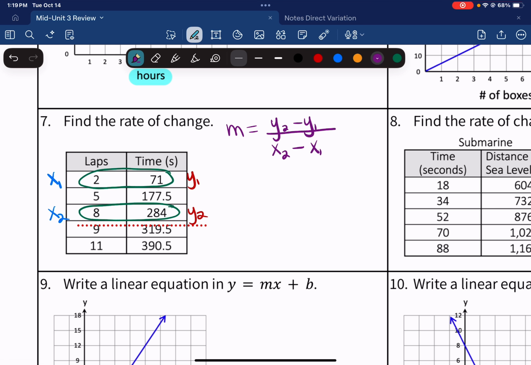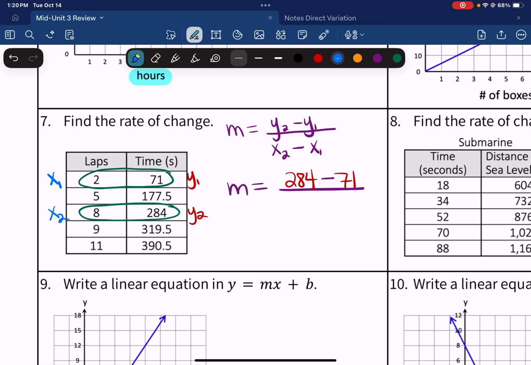So we can just plug those values into our slope formula. So m equals y2 minus y1. Our y2 value is 284, and then we are going to subtract the y1, which is 71, over our x values.